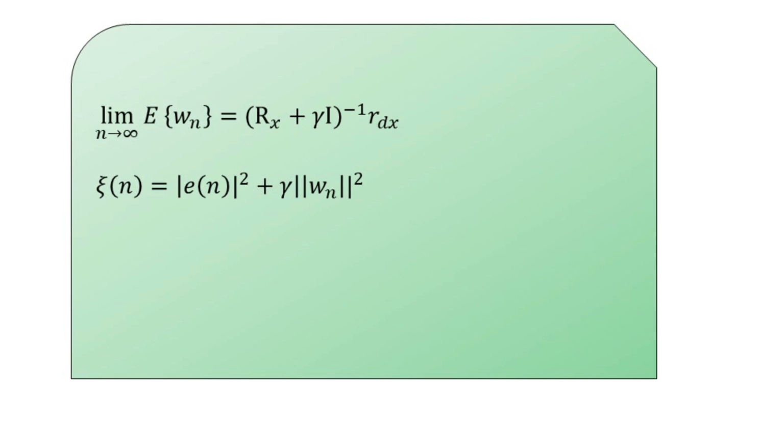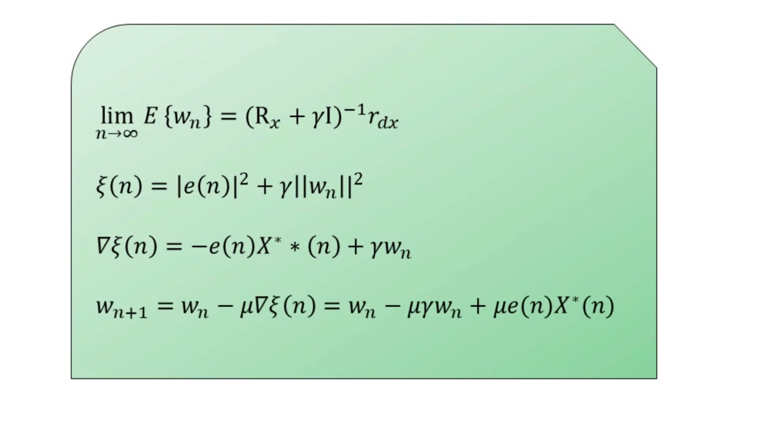Since the gradient of zeta of n, denoted del zeta of n, equals minus the error signal e of n times the complex conjugate of x of n plus gamma times w_n, the gradient descent algorithm takes the following form.